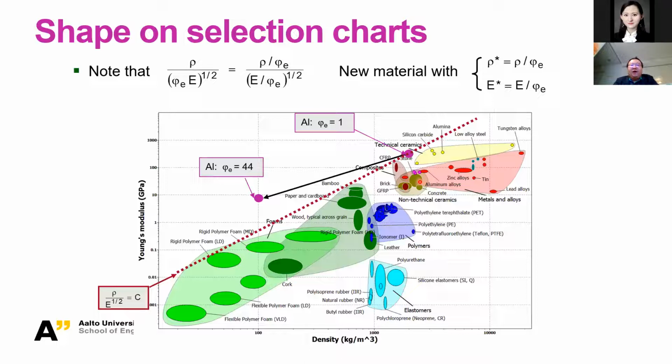But when you have the shape factor included, you right away bring aluminum to there. So you're pushing this selection line much forward. That gives us a benefit for the better shape, for the better choice of mass minimization.